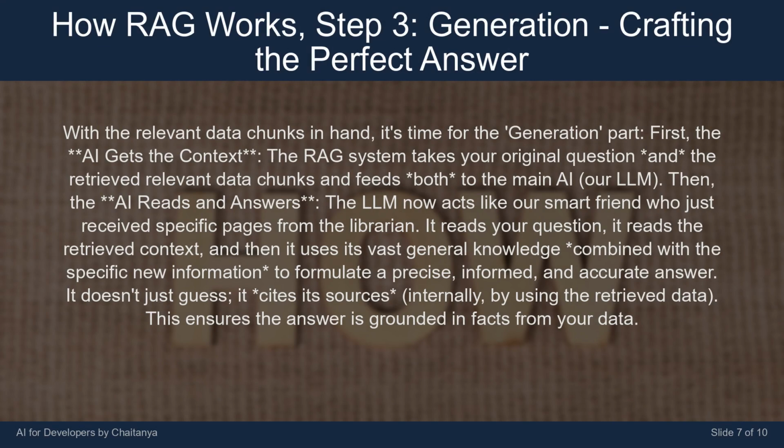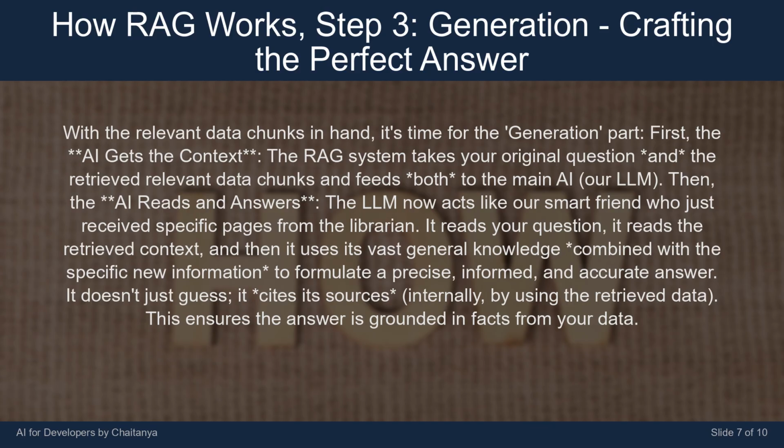With the relevant data chunks in hand, it's time for the generation part. First, the AI gets the context. The RAG system takes your original question and the retrieved relevant data chunks and feeds both to the main AI, our LLM. Then, the AI reads and answers. The LLM now acts like our smart friend who just received specific pages from the librarian.